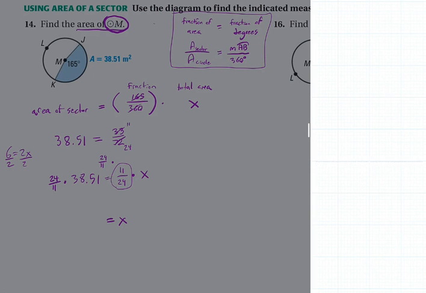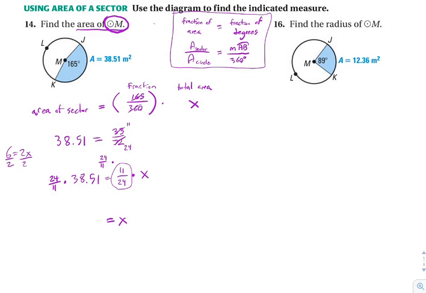So I'm going to say over here, 24 divided by 11 times 38.51. And so that comes out to be 84.02. So I'm going to do an approximate. 84.02. Great.